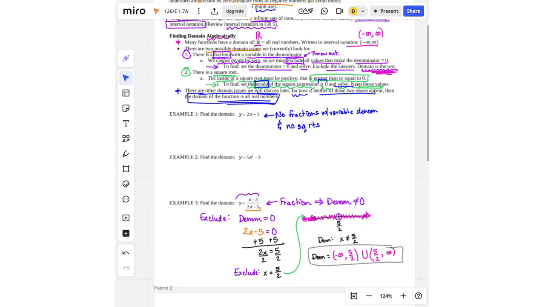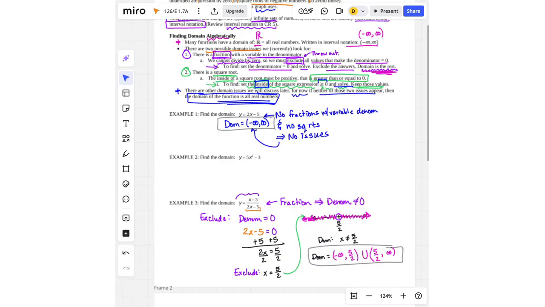So, because neither of those issues appear, that's going to tell us immediately that the domain of this expression is all real numbers, negative infinity to infinity. Okay? No issues, domain is negative infinity to infinity.